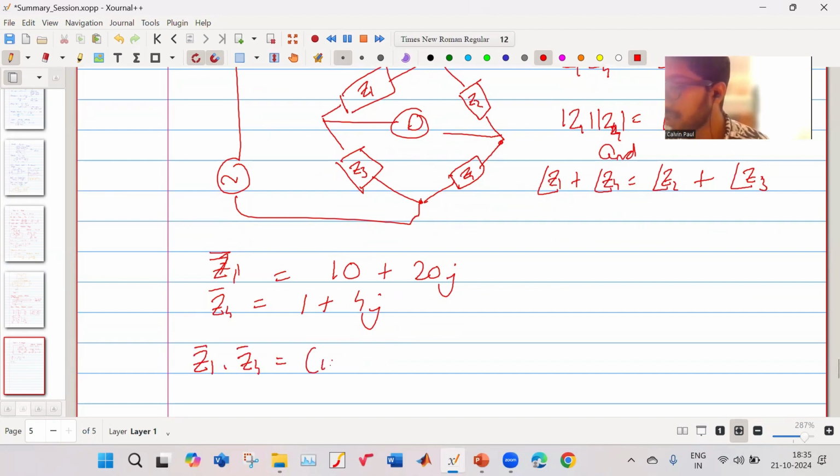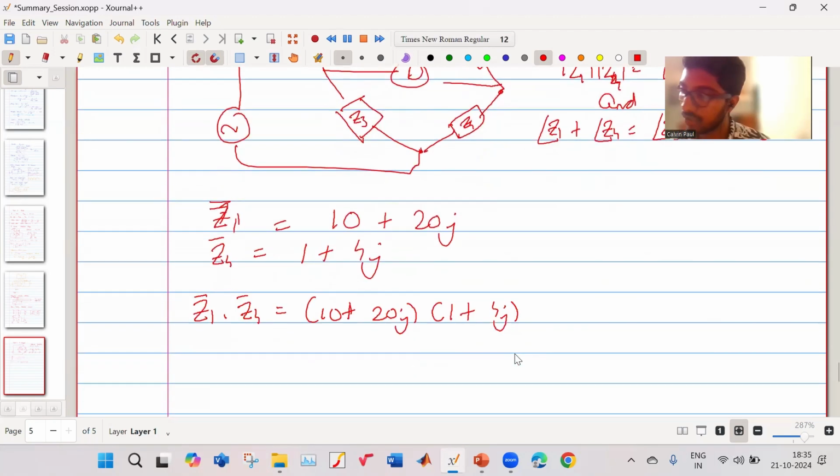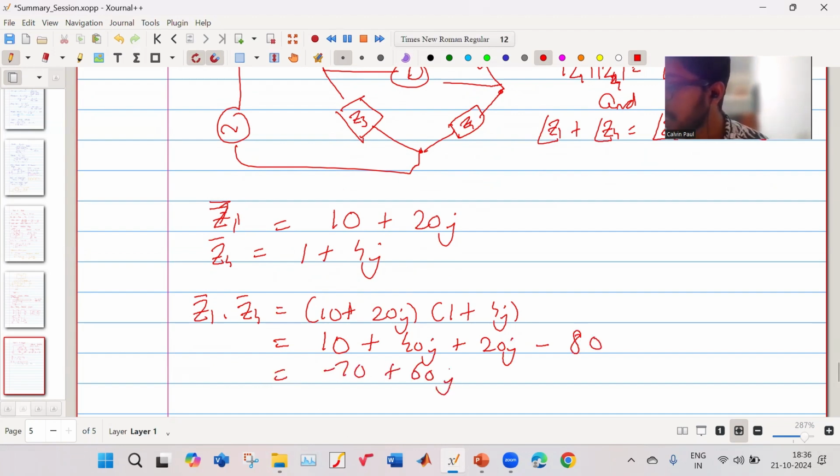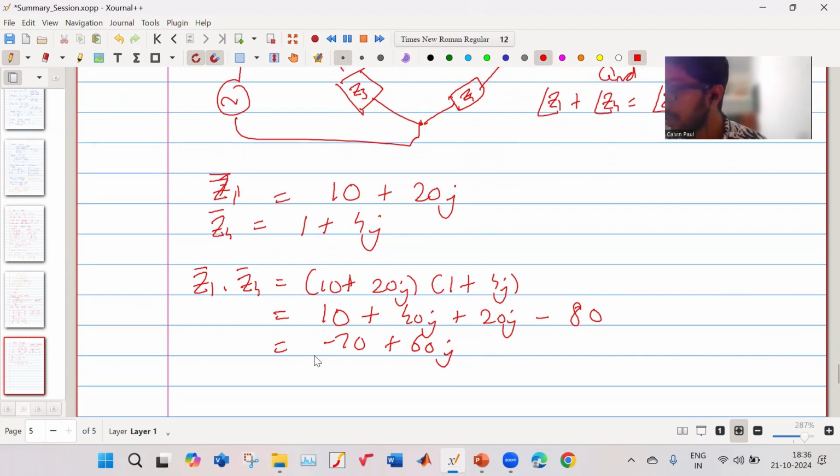What you can do is 10 plus 20j times 1 plus 4j. So this is very practical, this is what you will actually be solving, that's why I'm showing it to you. This will become 10 plus 40j plus 20j minus 80, which will be equal to minus 70 plus 60j. This is the way you must solve it.